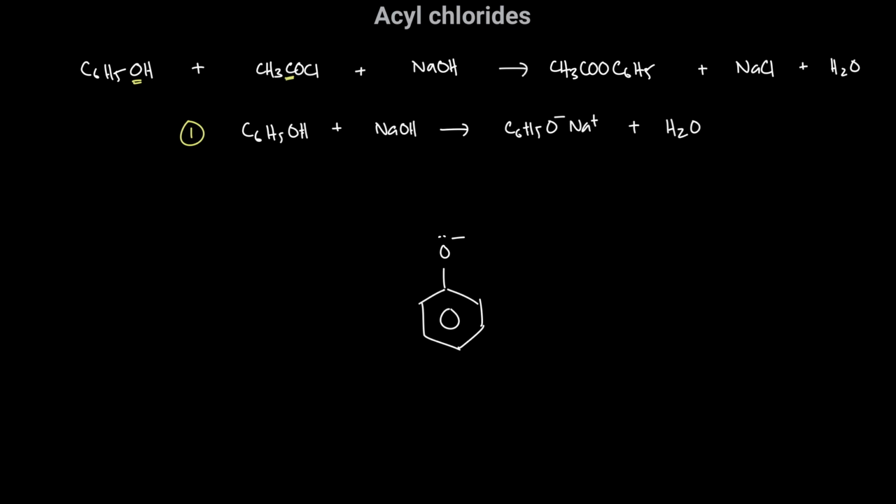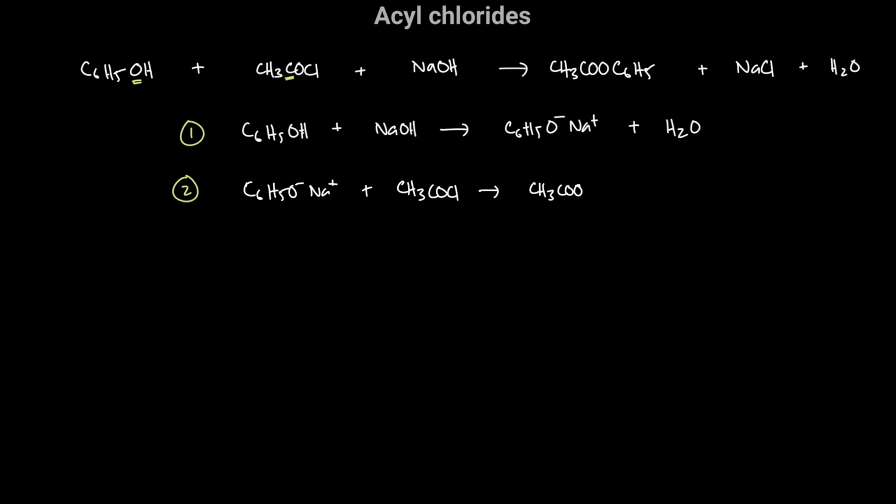So once we have this conjugate base, C6H5O minus Na plus, it reacts with the acyl chloride, CH3COCl, and we end up getting CH3COOC6H5, the ester, and NaCl.